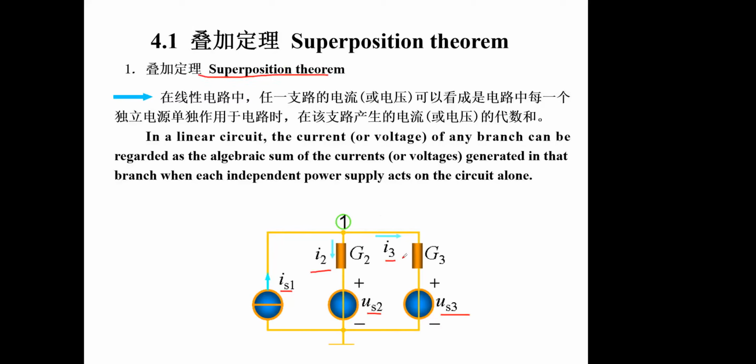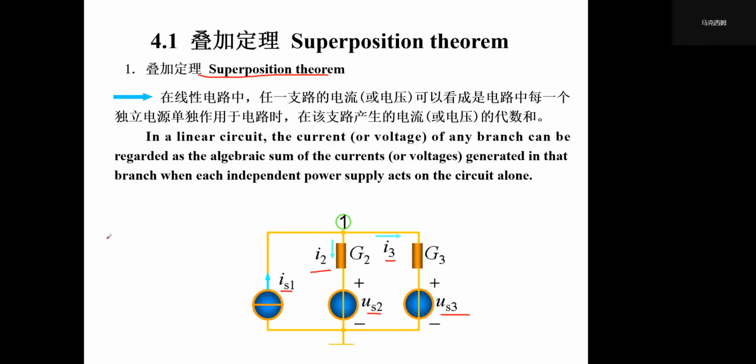If we divide this circuit into three circuits, each containing only one of the three sources, we can calculate the corresponding branch currents I2 and I3, and then add up the branch currents from all three divided circuits.